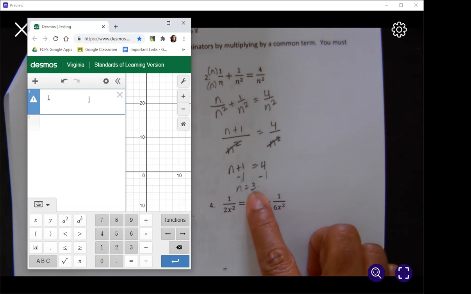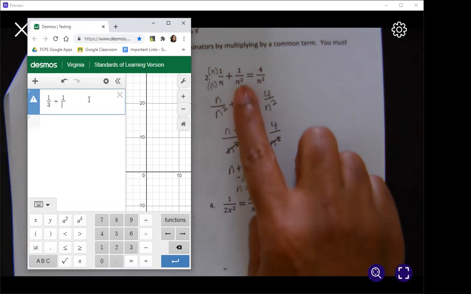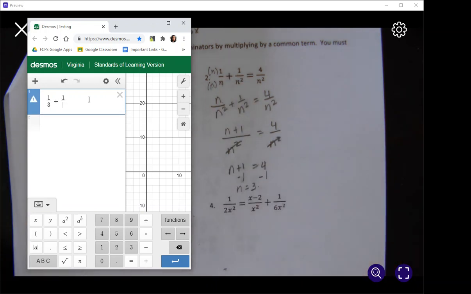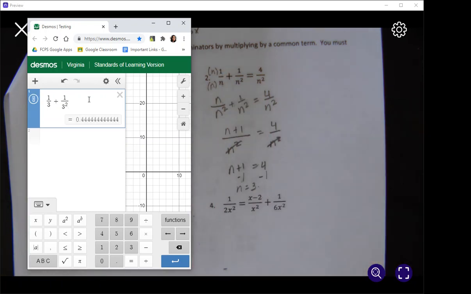So I'm going to put 1 over 3 plus 1 over n squared, so that is 3 squared. And that's the left hand side. We'll see that it's this one right here. Let me check on the right hand side if I get the same answer when I plug in 3 for n. Yeah, see? I get the same thing. So that works.